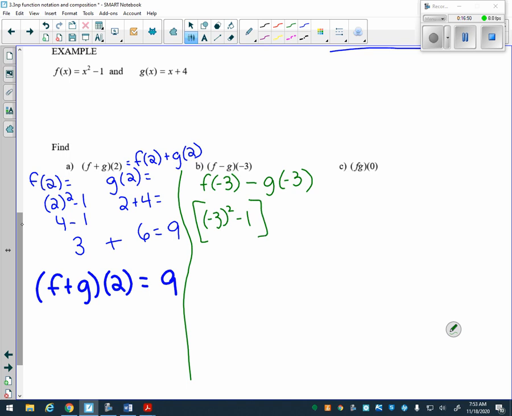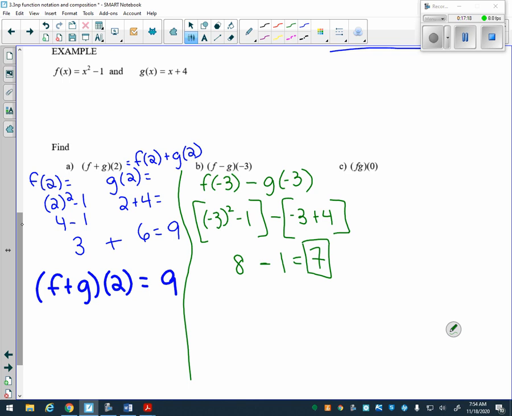That's my f of x function, minus x plus 4, so negative 3 plus 4. So I simplify what's in the brackets first. Negative 3 squared minus 1 gives me 9 minus 1 is 8. Then I have negative 3 plus 4 is 1. So I end up with 7.